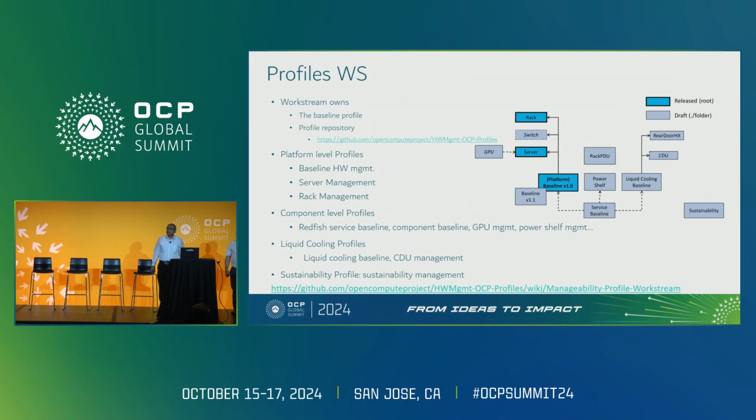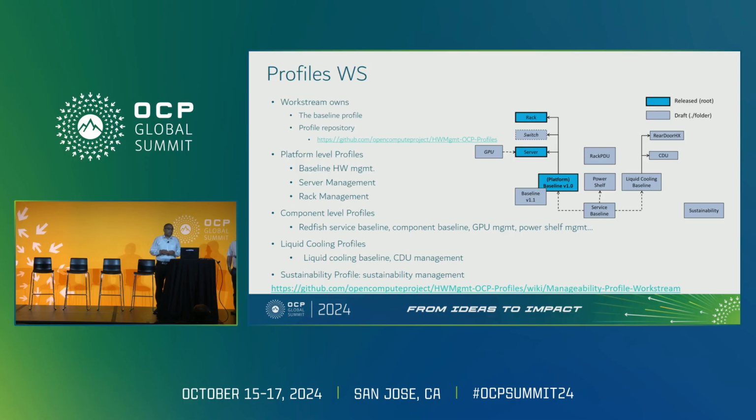Let me go to the next work stream, which has been in existence for quite some time. It started with the baseline profile, and it is all based on Redfish. What it prescribes is a set of requirements for a specific domain. The baseline profile specifies the minimum set of requirements you need for any platform management, and you can find these profiles at the repo; the link is here.